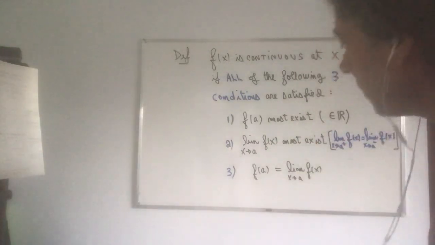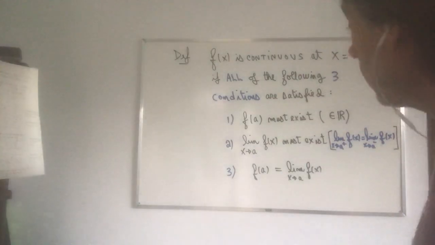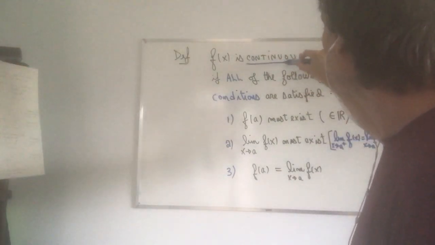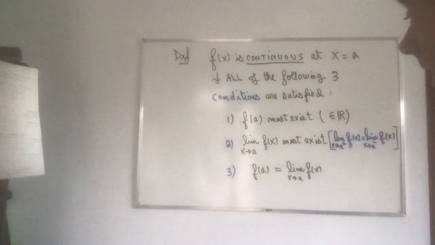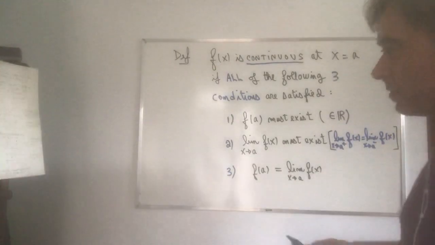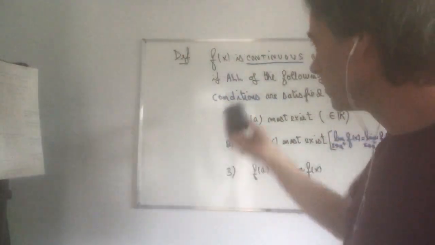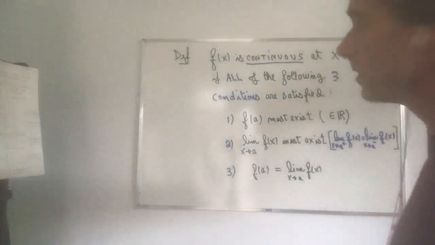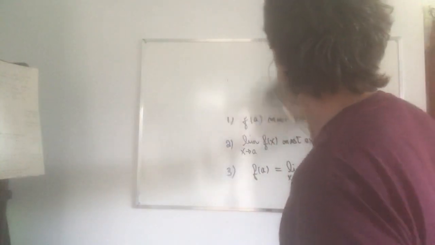If all three conditions are satisfied, then the function is continuous at the point x equals a. Good, so it's a fancy definition that comes in three parts. Let us see if we can show some examples of how this works. So I will erase this now in order to show some examples.